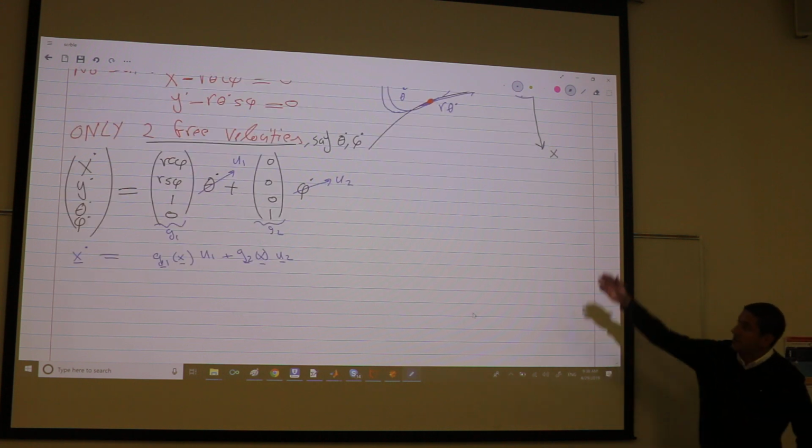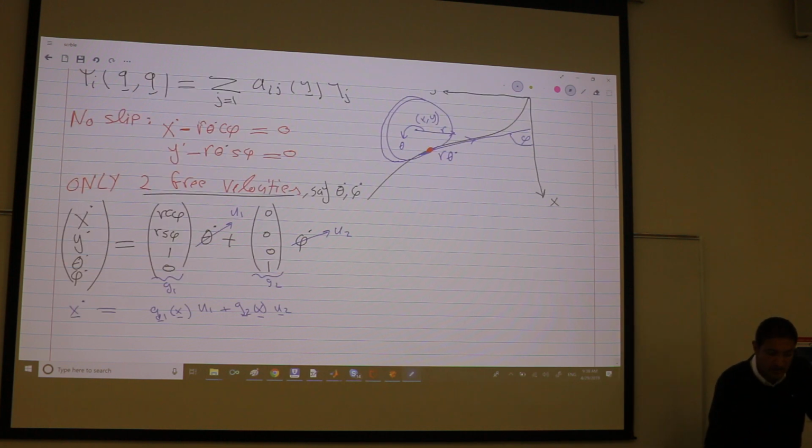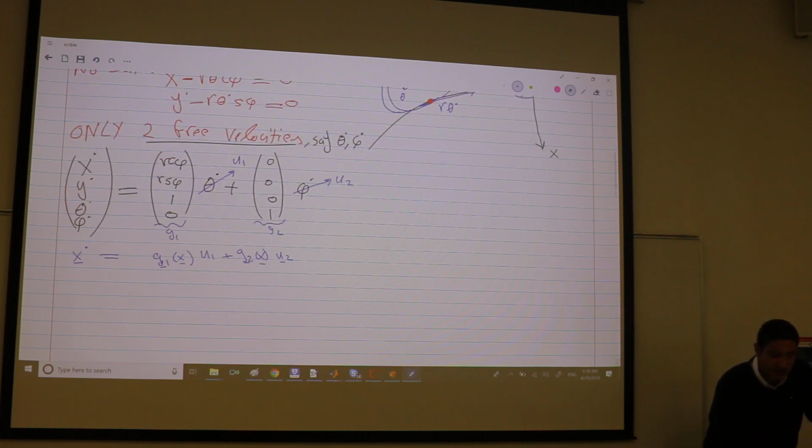So given a set of non-holonomic constraints in mechanics, we can write them as a control system. In particular, it's driftless. There is no drift. Any question about that?